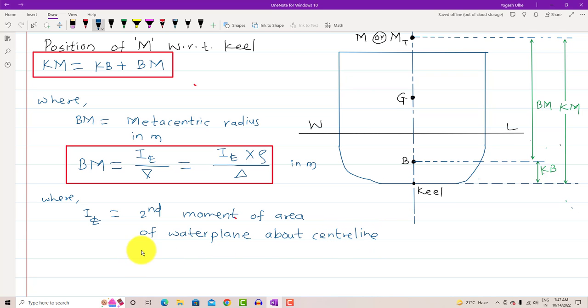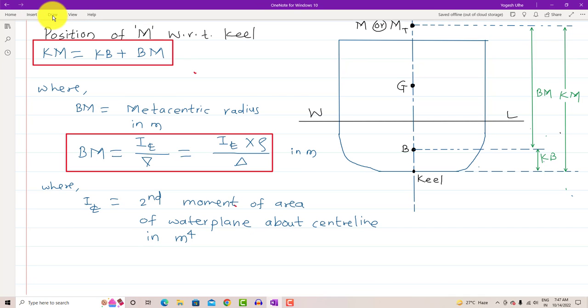And it must be in m raised to the power 4.